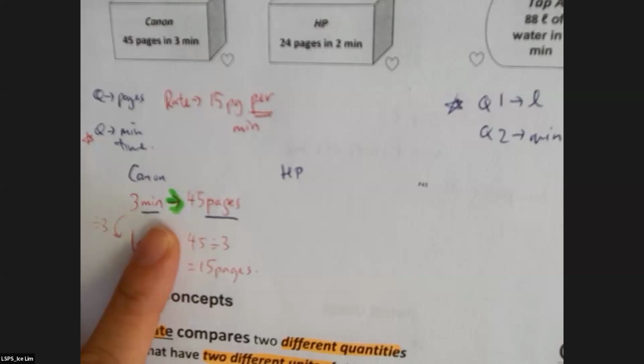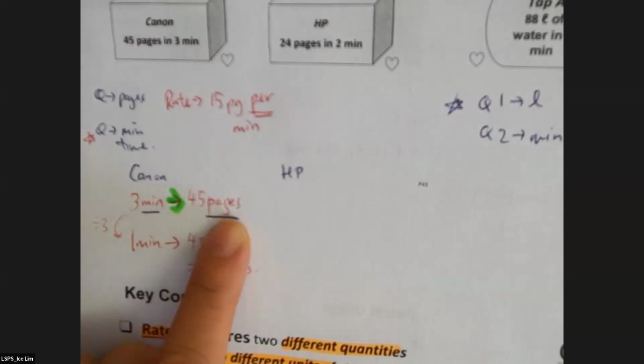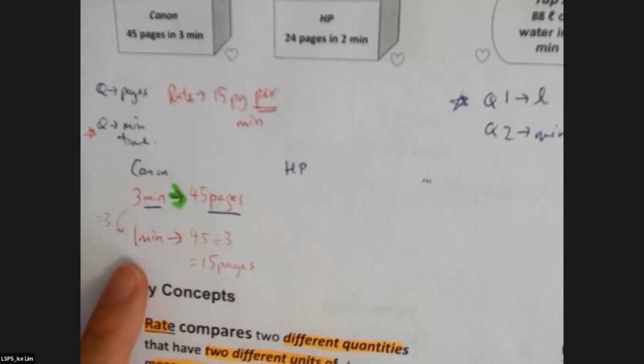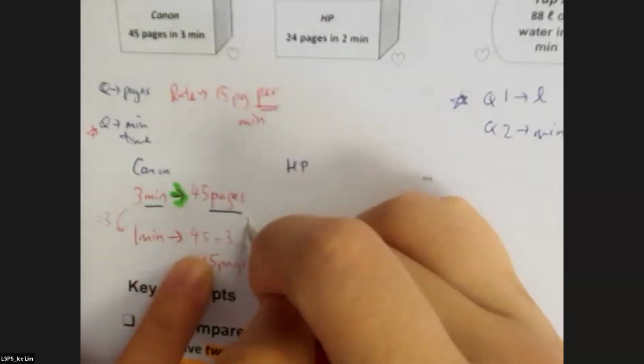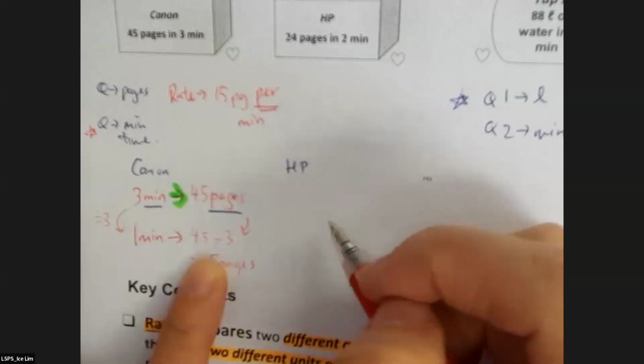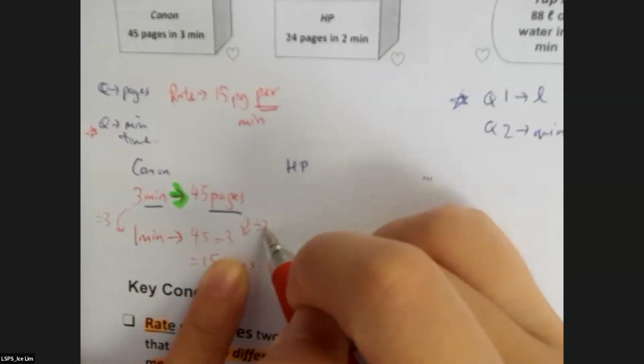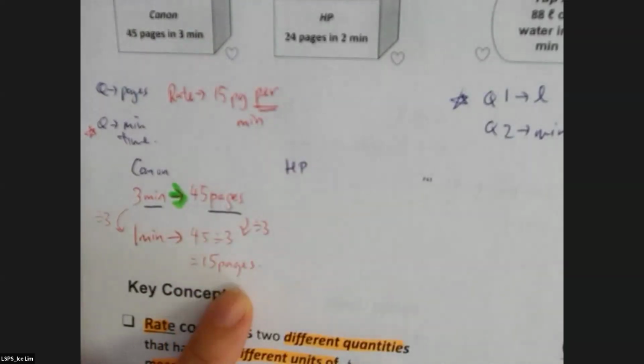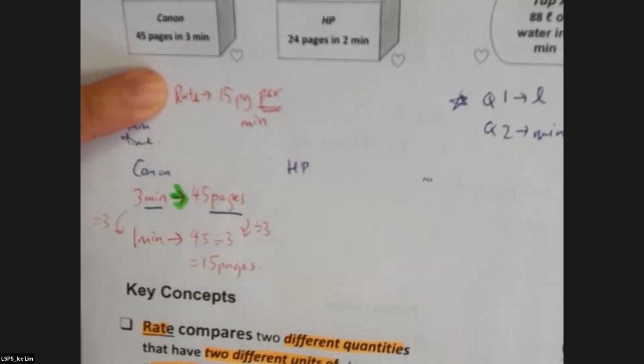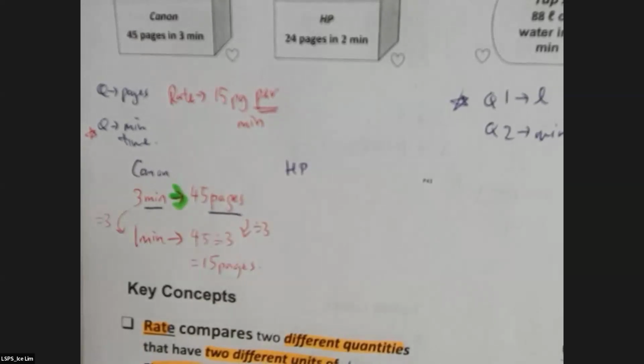This is the way to present. 3 minutes is equivalent to 45 pages. 1 minute is equivalent to 15 pages because 45 divided by 3. The rate of the Canon printer is 15 pages per minute. Now you try to read to yourself what I just said.